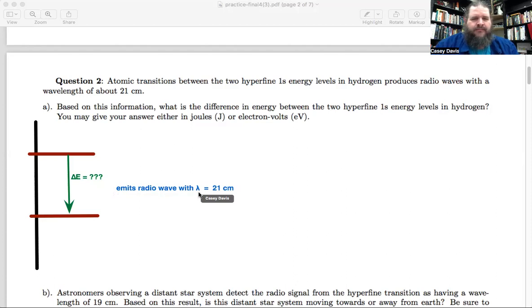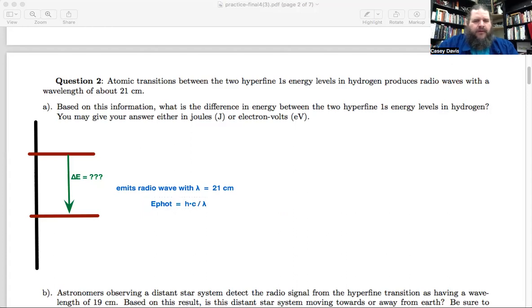So when it's dropping from the higher level to the lower one, the delta energy is equal to the energy of the photon it's emitting, which is hc over wavelength.